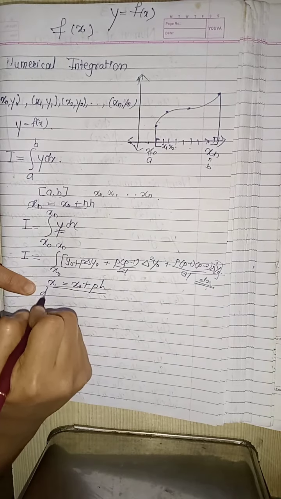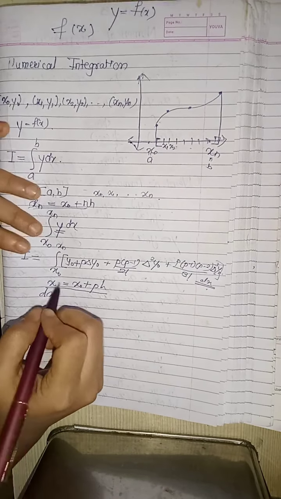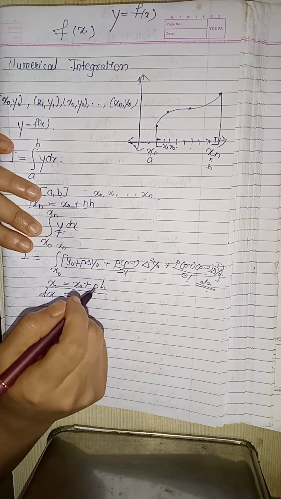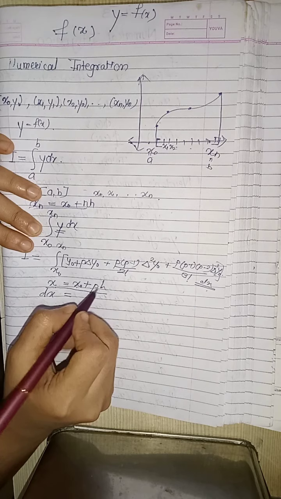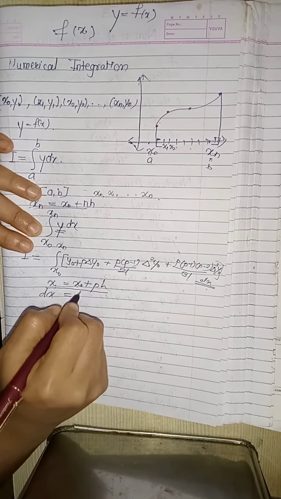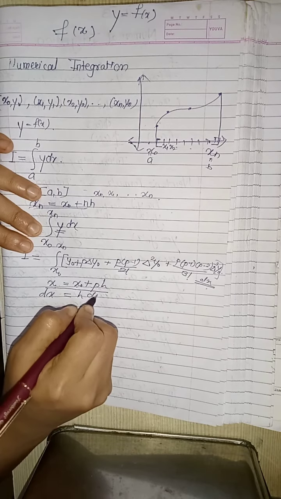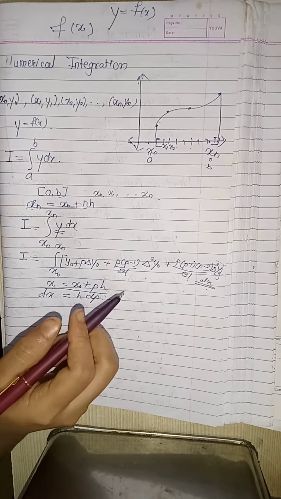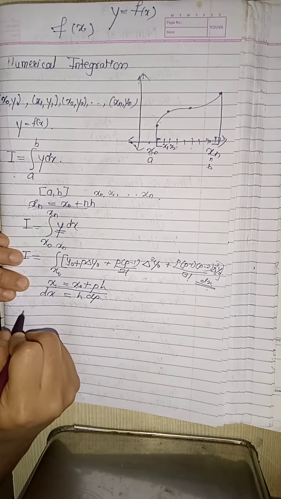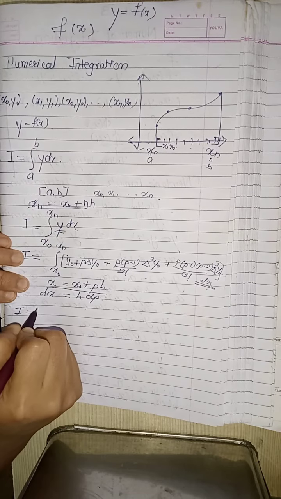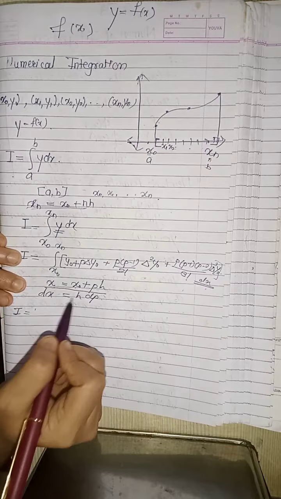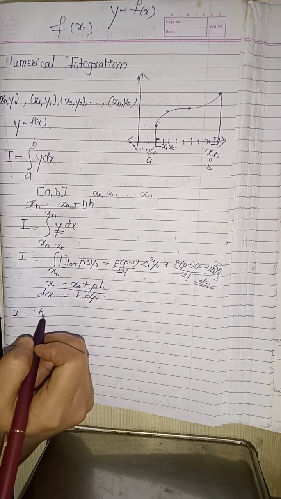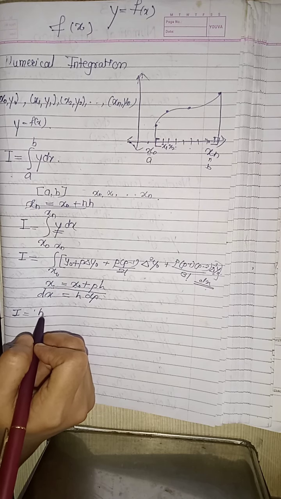After taking the derivative, x0 is constant, so it gives 0, and h is constant and p gives dp. So now dx equals h dp. Now substituting this value, you will get I equals, instead of dx we have h dp, and h is a constant, so we take it outside the integral because the integral is with respect to p.